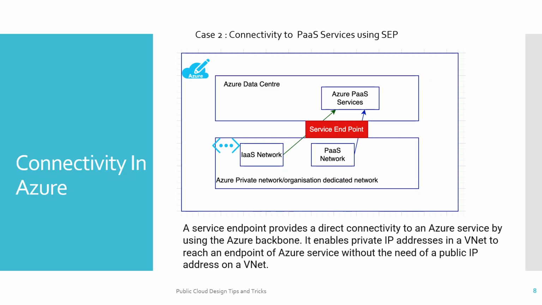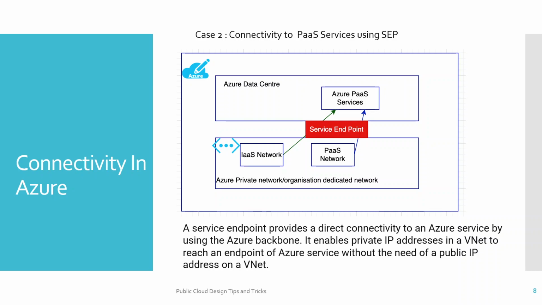Now coming to the second scenario or case 2, the same connectivity from a private network within the Azure public cloud to Azure PaaS services happens through a service endpoint. What is a service endpoint? A service endpoint provides direct connectivity to Azure services by using the Azure backbone network.